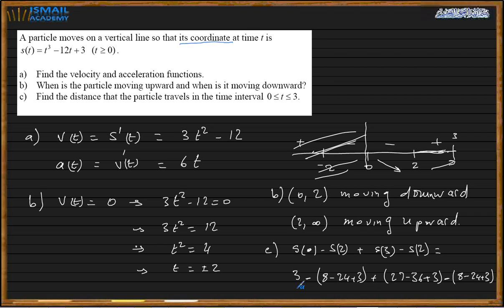So here will be 3 minus, minus 13, so it's plus 13, and here 26, so it's going to be 23. So here the answer C will be 23 traveled by the particle between 0 and 3. Next question.